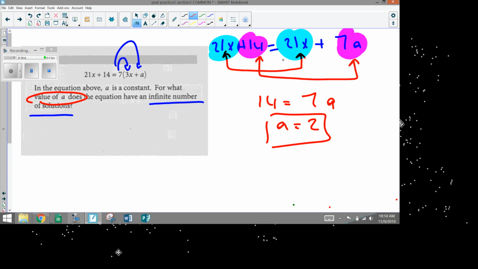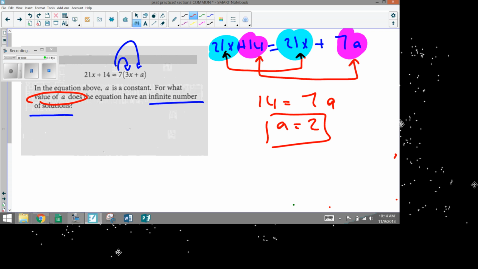When you try 0 for x, it cancels out, 0, 14, right? So 14 is equal to 14. When you plug in 1 here, it's going to be 21 plus 14, 21 plus 14, same thing. And plug in 3, it's going to be 63 plus 14, 63 plus 14. So whatever you plug in, it is the same.